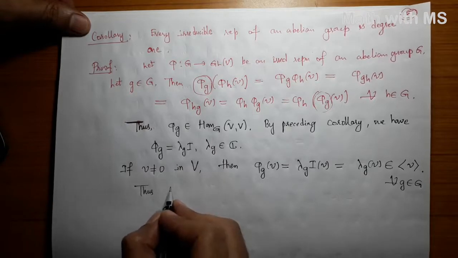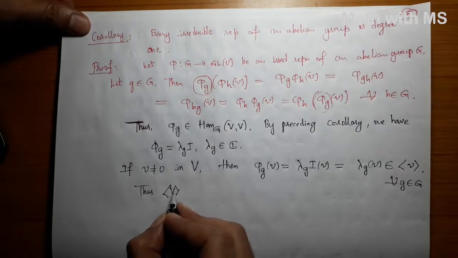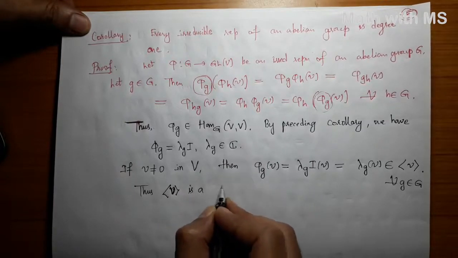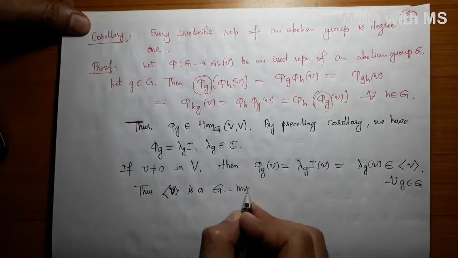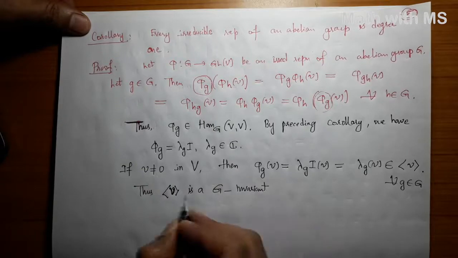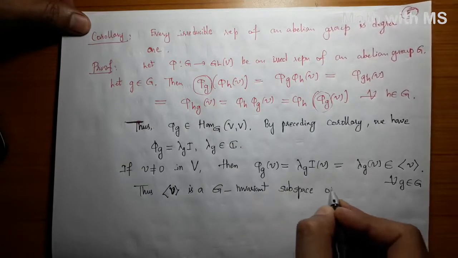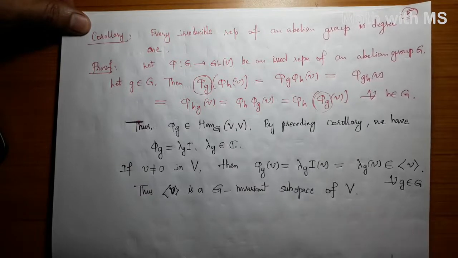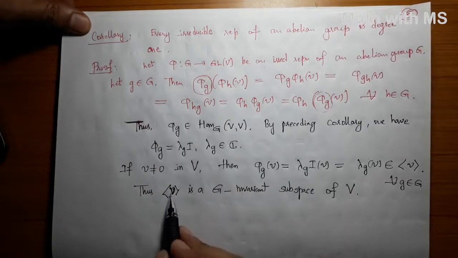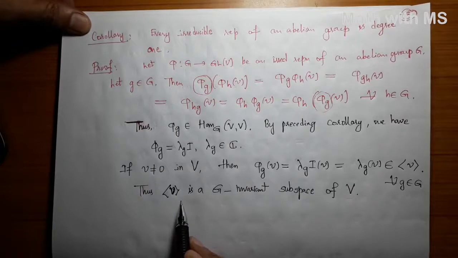So thus the subspace spanned by any non-zero vector v is a G invariant subspace of your vector space V. But phi is given to be an irreducible representation, and you have got a non-zero G invariant subspace.